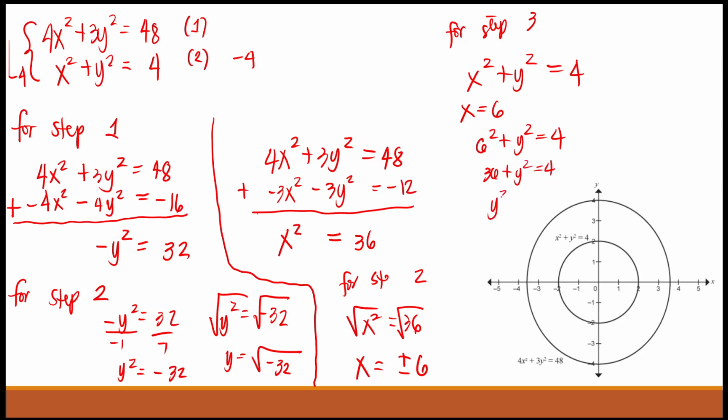Transpose mo siya, y squared equals 4, si 36 magiging negative na, and that is equal to negative 32. And as you can see, pag nag-square root tayo, both sides, imaginary pa rin talaga yung y value. Kahit na real yung nakuha nating x. Pag sinubstitute natin yung y, negative square root of 32 pa rin. And that is the same for negative 6x.